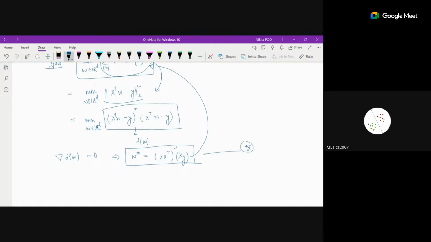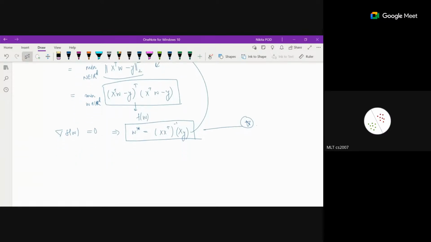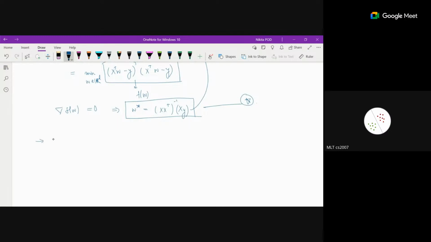Now, when we try to see where W star lies, or how W star looks, what we had also observed is that this W star lied on the subspace, the span of the data points.